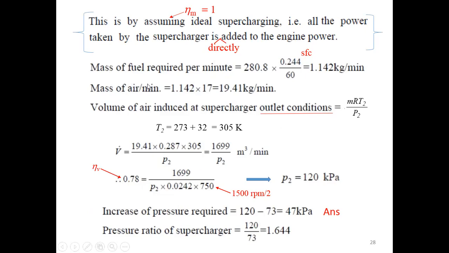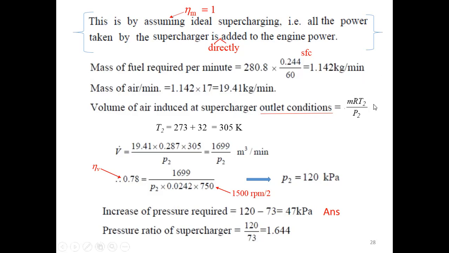Then we can calculate the volume of the air induced at the supercharger, at the outlet conditions. The inlet condition we already know. Since the mass of the air is constant, we can use this mass of the air to find out the volume of the air at the outlet condition.